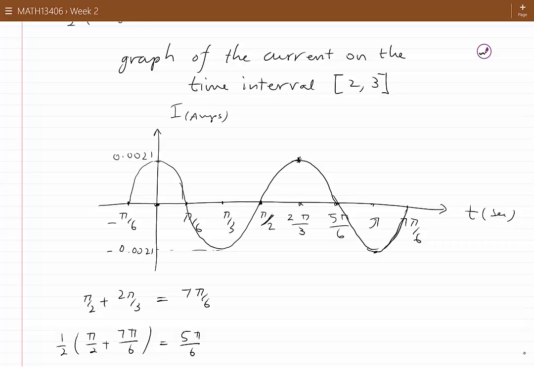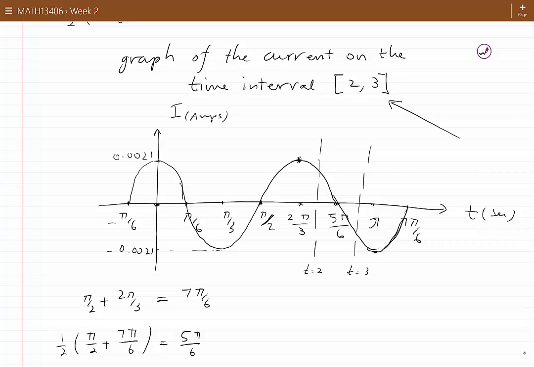We can keep going in either direction, the positive t direction or the negative t direction, to get the rest of the graph. But suppose we're interested in the time interval of 2 to 3. We note that 2 falls between 2 pi by 3 and 5 pi by 6, let's say somewhere here. Let's say this is t equal to 2, and 3 falls somewhere between 5 pi by 6 and pi, and that would be here, t equal 3.